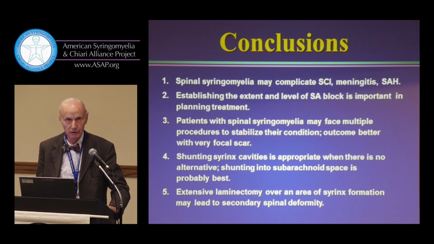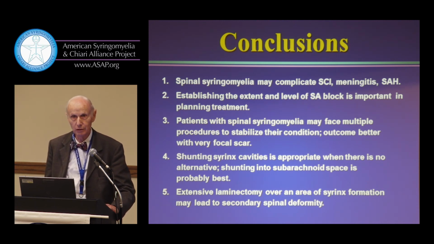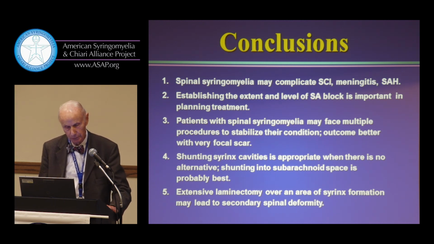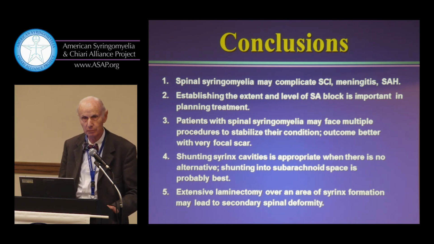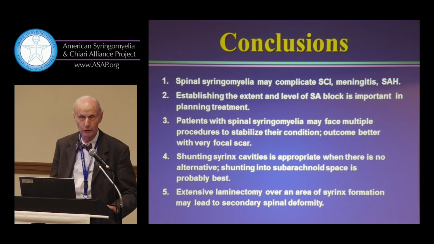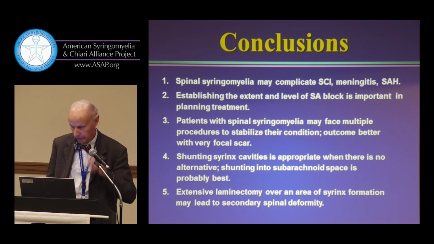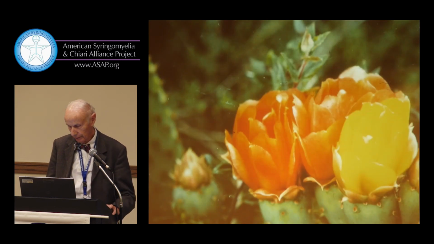And shunting is reserved when there is no alternative but it is not ideal. But at the moment, it is the best that we can do for some of these patients. And with an extensive laminectomy, stabilizing the spine is important, particularly if the underlying process has been a spine injury, so the patient may already have some instability. Thank you very much.